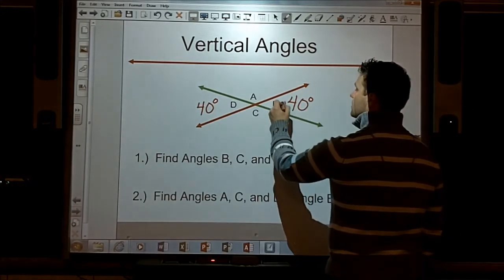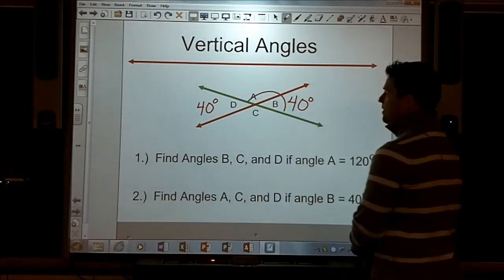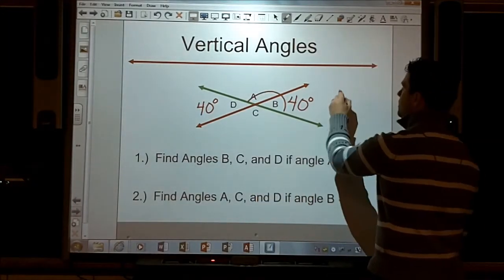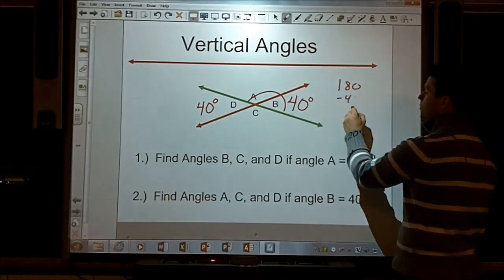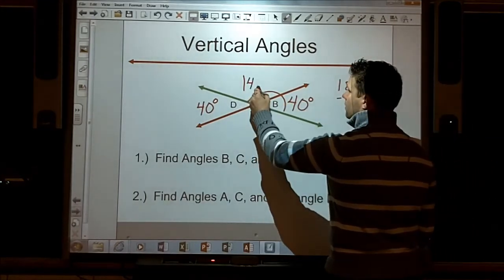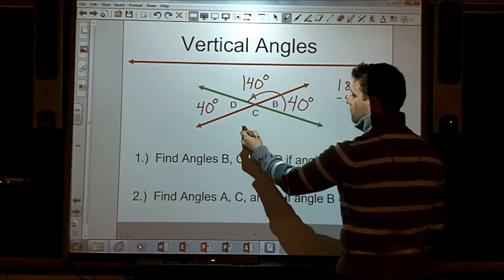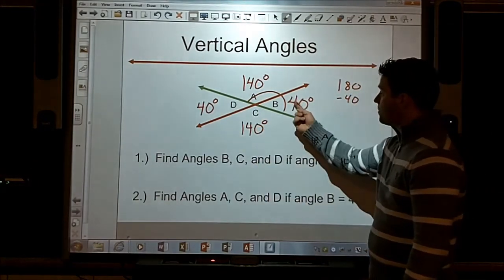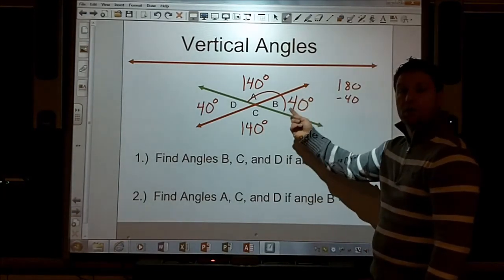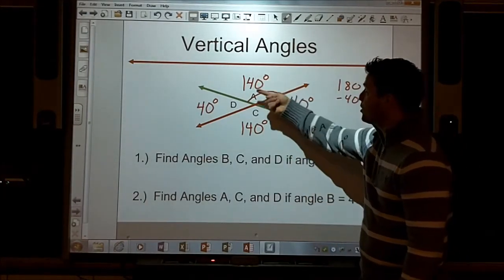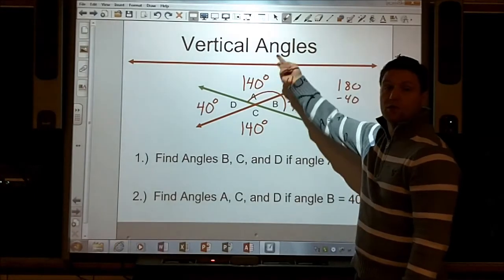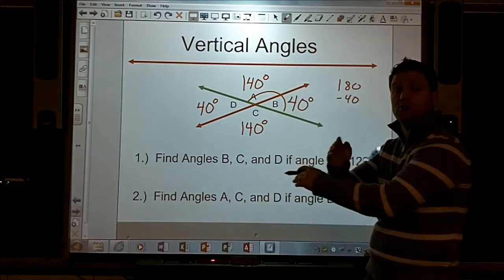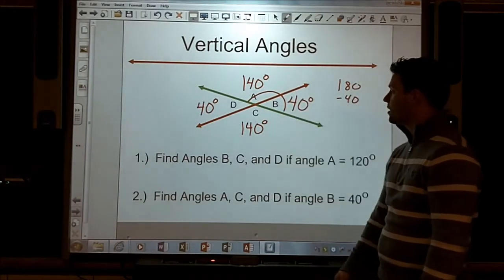If these are a supplementary pair, they make a half a circle. 180 minus the 40 is 140. Now, I'm going to put 140 here as well. Two reasons why. It's a supplementary pair with B, and it's a vertical pair with A. Vertical angles opposite each other when two lines intersect. That's also going to be 140.